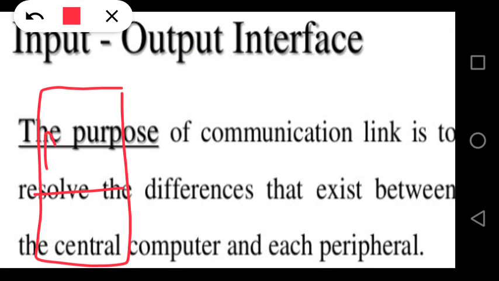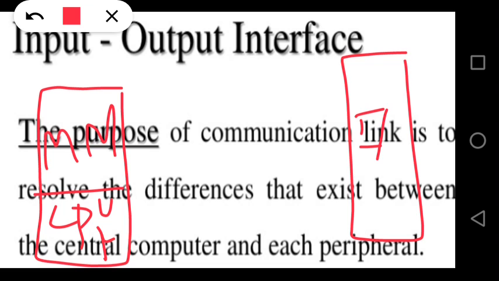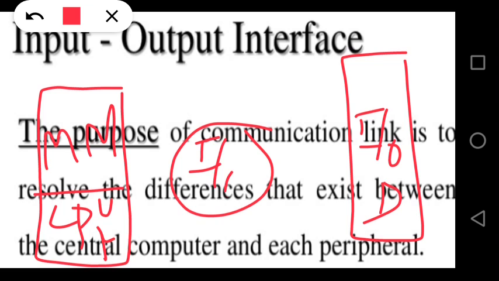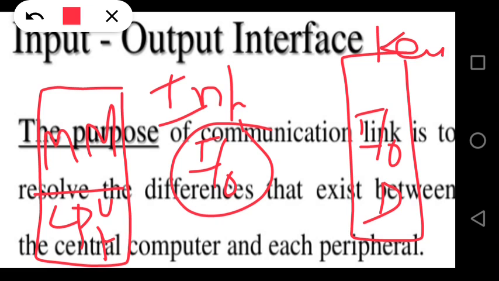This is my internal memory, main memory, CPU registers. These are external IO devices. Why you need an IO interface: there exist some differences, and the interface resolves them. Let's take the example of speed. The speed of a keyboard is very slow compared to the main memory.